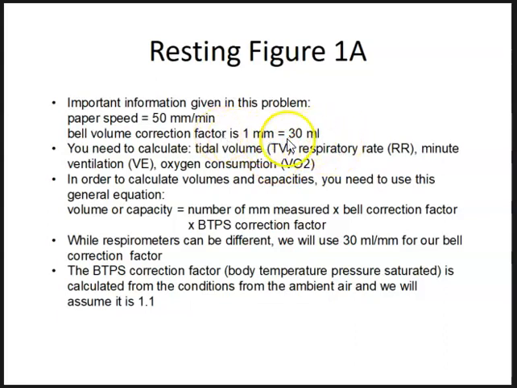We'll then be able to calculate the respiratory rate, and then from these two numbers we'll use the formula to calculate minute ventilation, and then from the tracing we can also see oxygen consumption. So again, in order to calculate volumes and capacities, we use that formula which I showed you. We have our bell correction factor and then our BTPS correction factor.